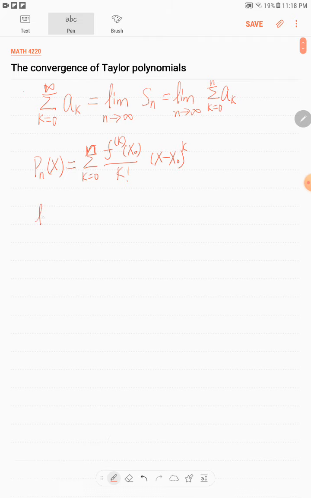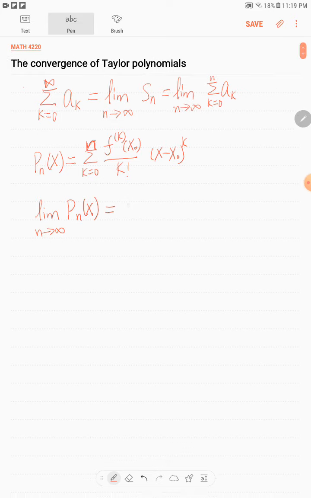If we let n approach infinity, the limit of p sub n is equal to the summation k from 0 to infinity of the kth derivative at x naught over k factorial times x minus x naught to the kth power.